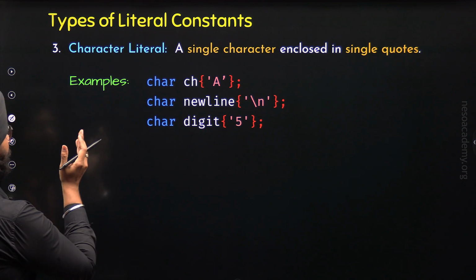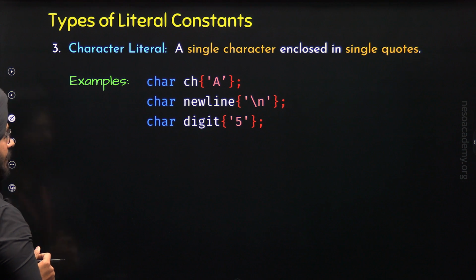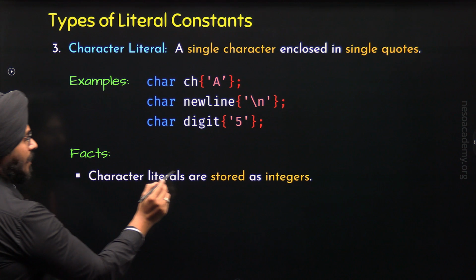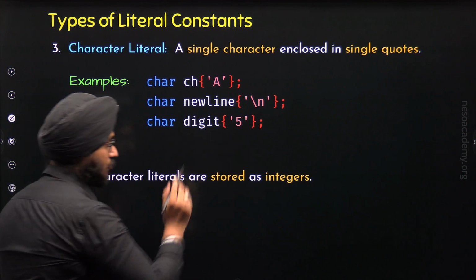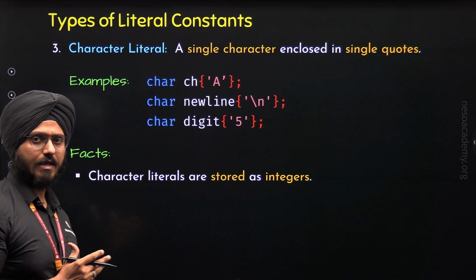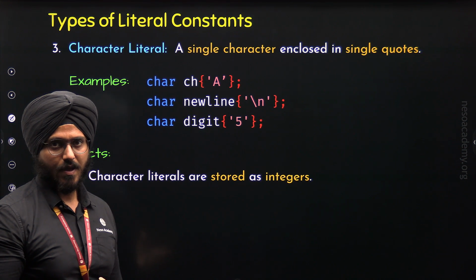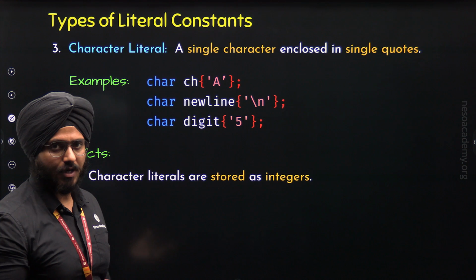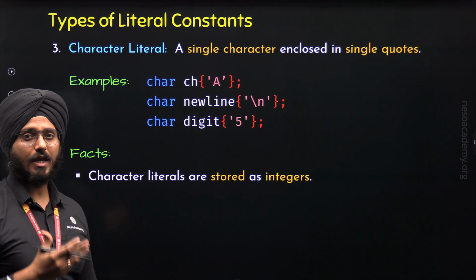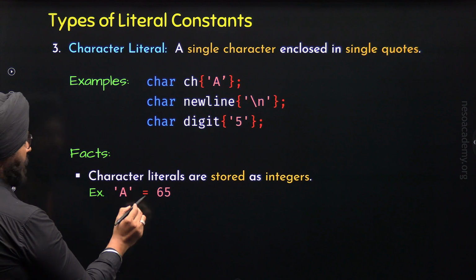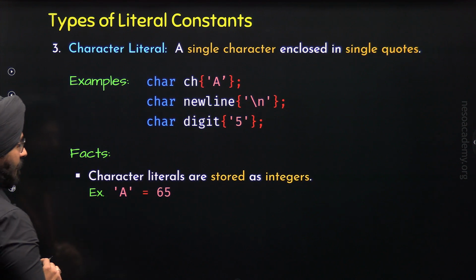Now let's consider some facts associated with character literals. Here is the first fact. Character literals are stored as integers. Internally, character literals are stored as integers. This means each character literal has an associated integer. For example, capital A is the same as the value 65.